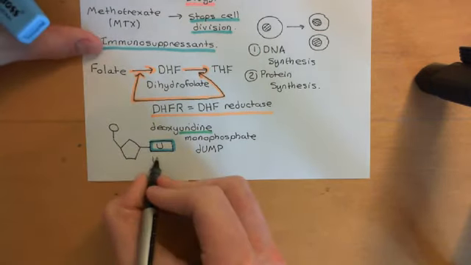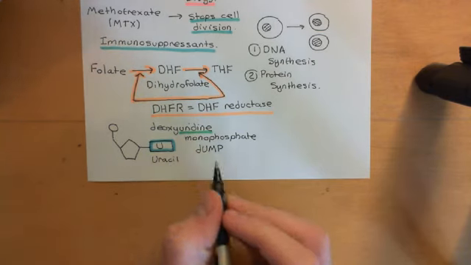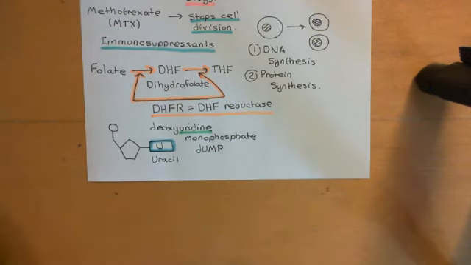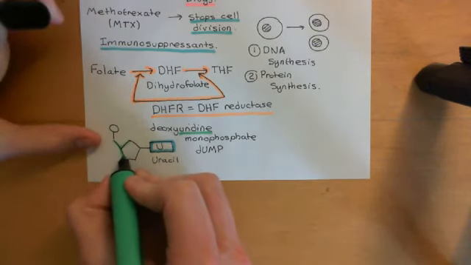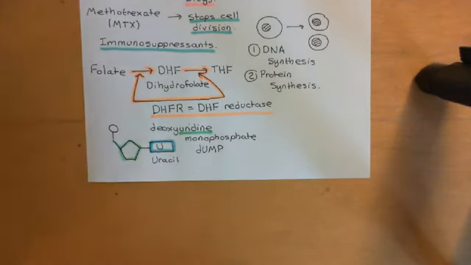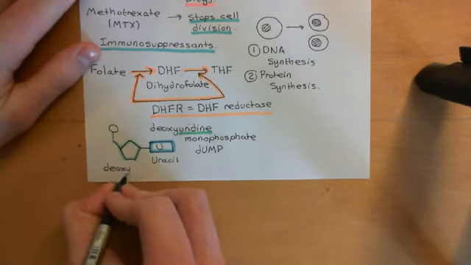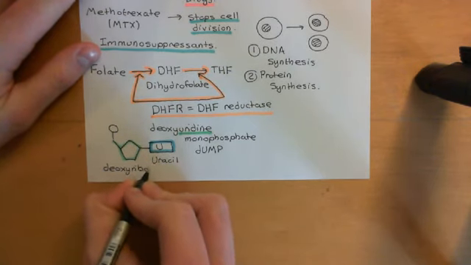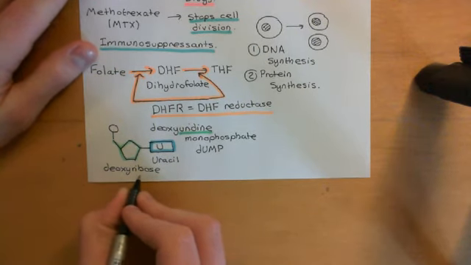If you attach uracil to a ribose sugar, that will create uridine, but we don't want uridine, we want deoxyuridine, and therefore you need to attach the uracil organic base to a deoxyribose sugar rather than a ribose sugar. So you need to attach it to the type of sugar that's used in DNA rather than RNA. And the type of sugar used in DNA is deoxyribose.